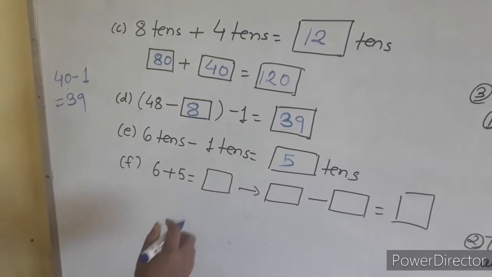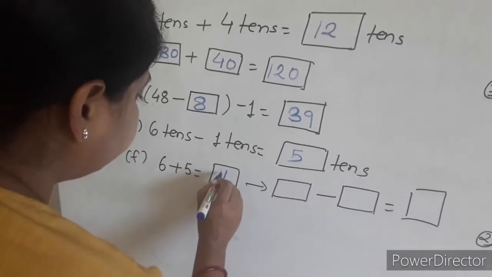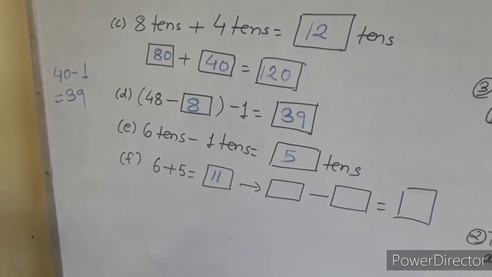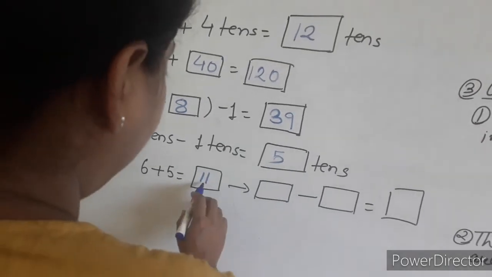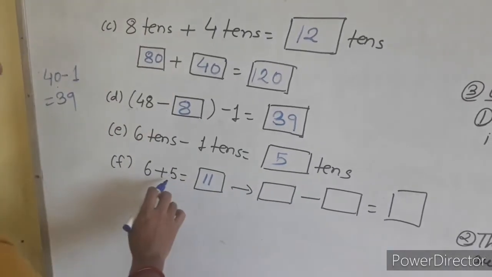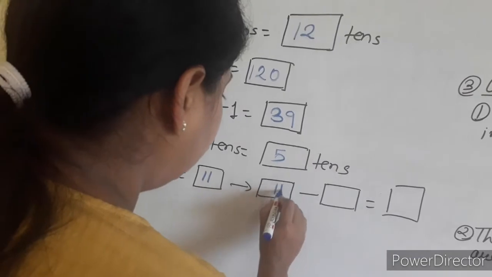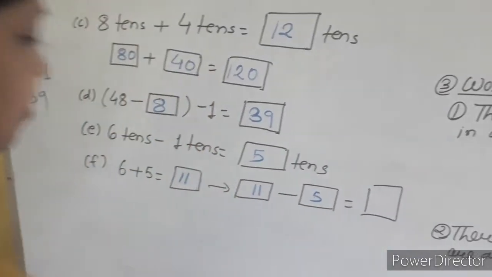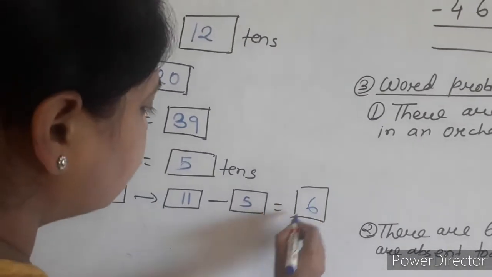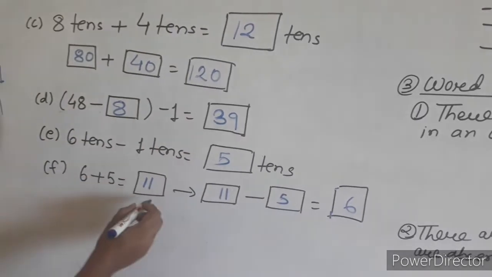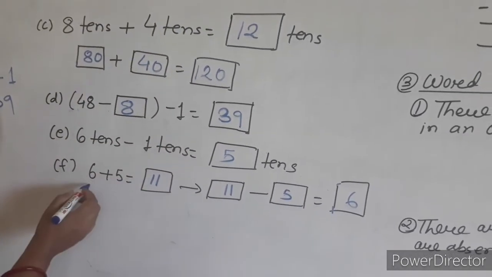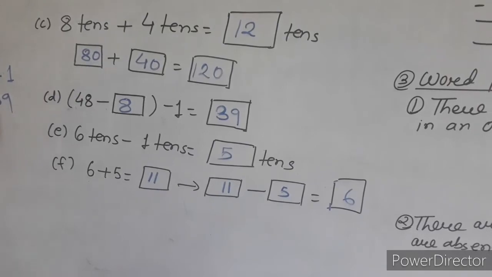So 6 plus 5 is 11. Then if we subtract 11 with 5, what will be 11 minus 5? The answer will be 6. You can also subtract 11 minus 6. You can do it both ways.